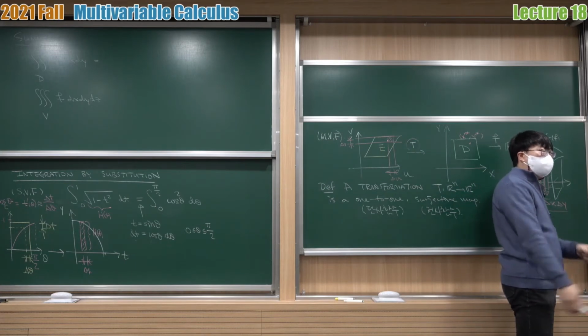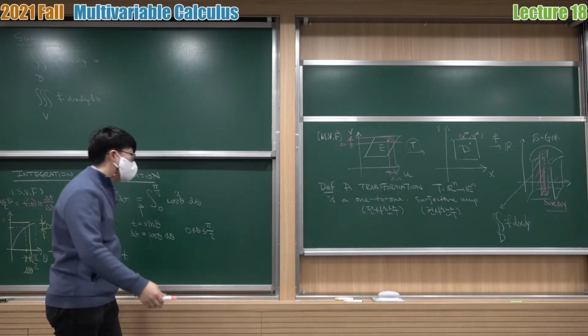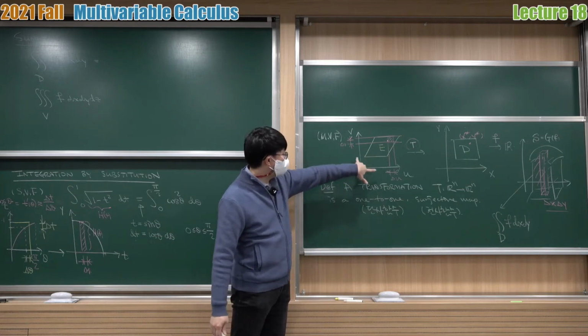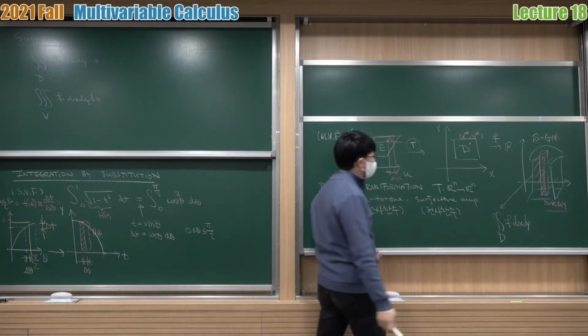So I have to replace that. I need to find the ratio between delta x delta y and delta u delta v, just as we did in the single variable function case.